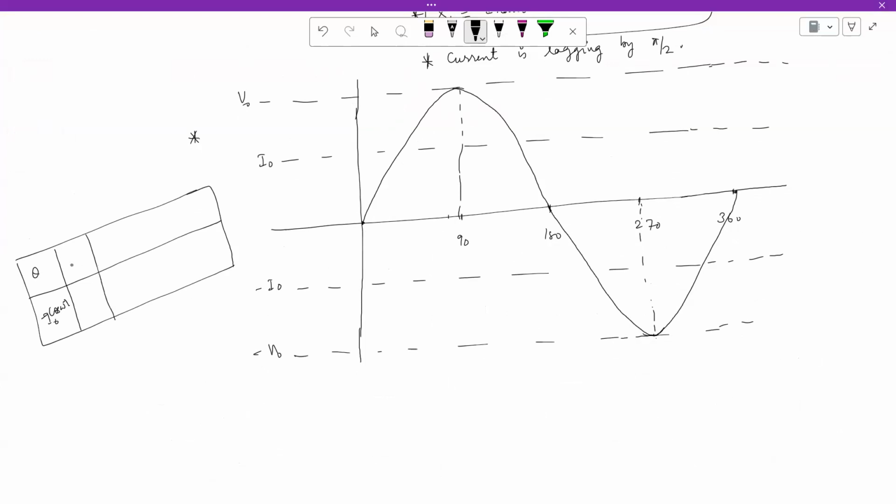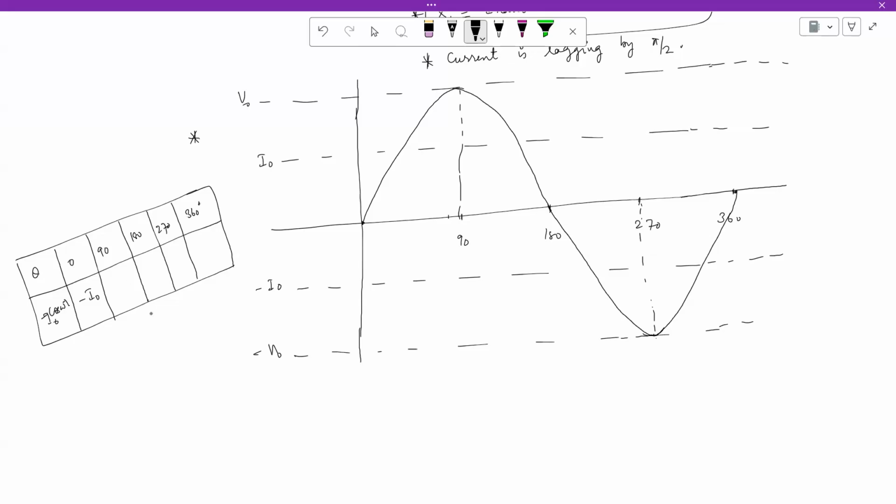So at 0, what would this value be? We have to do the minus, sorry, 1. So it's minus I naught. Yes, you are correct.